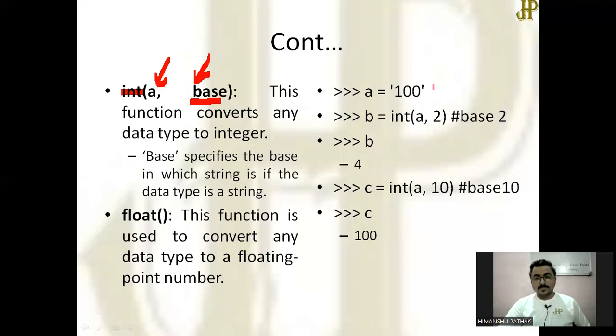Here you can see the example. I have taken a string value 100 into variable A. Now I want to convert this string 100 into integer type 100.